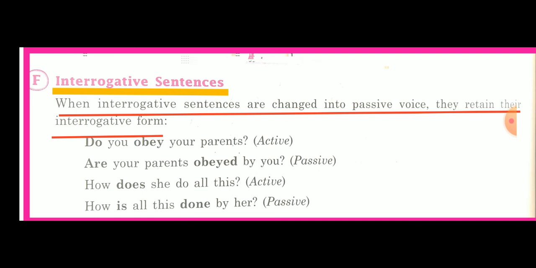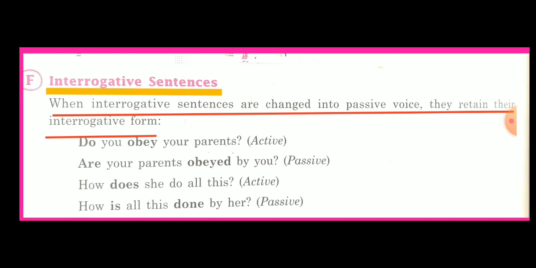But in active and passive voice, if an interrogative sentence is given in active voice, in passive voice also it will remain interrogative. So here, "Do you obey your parents?" is in interrogative form. "Are your parents obeyed by you?" is also in interrogative form. So an interrogative sentence will remain interrogative in active as well as in passive.